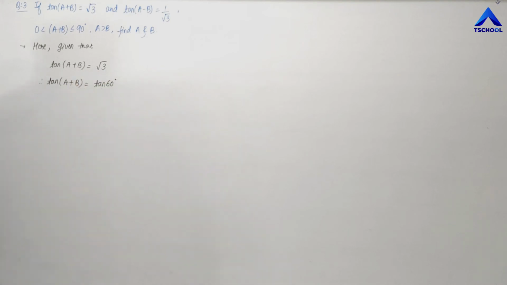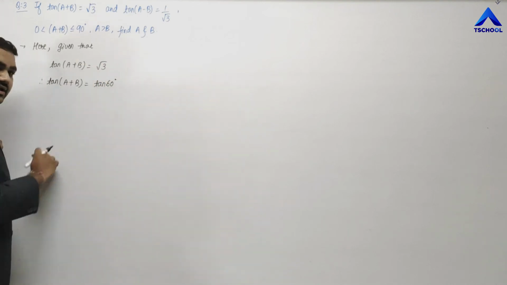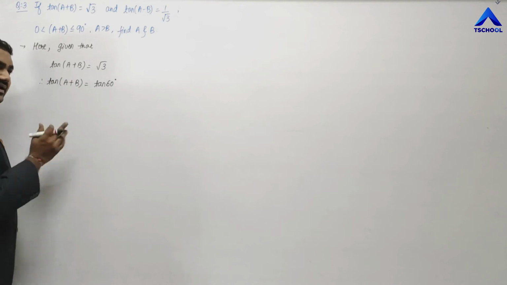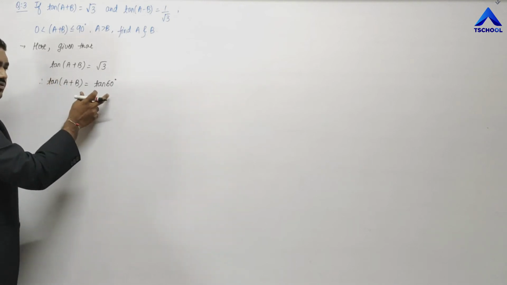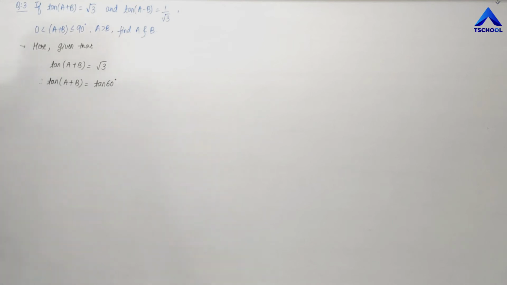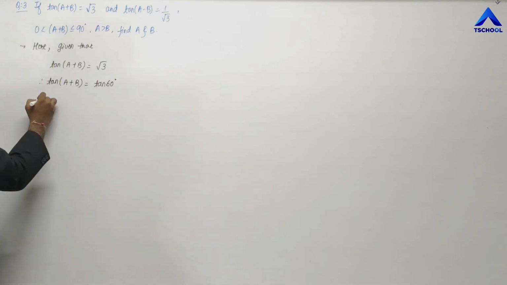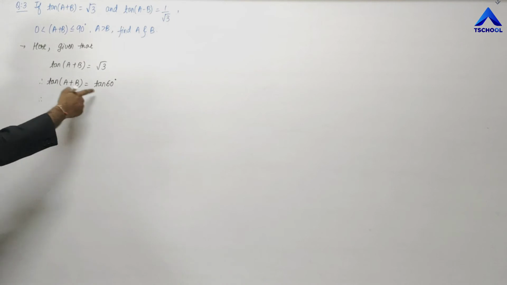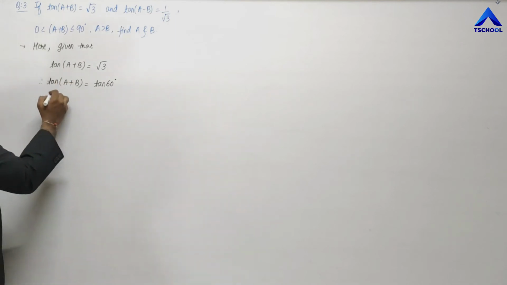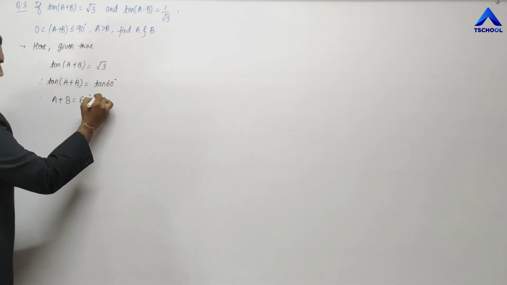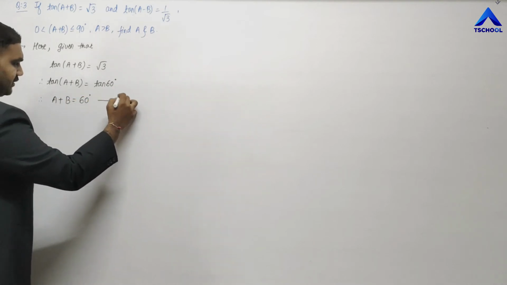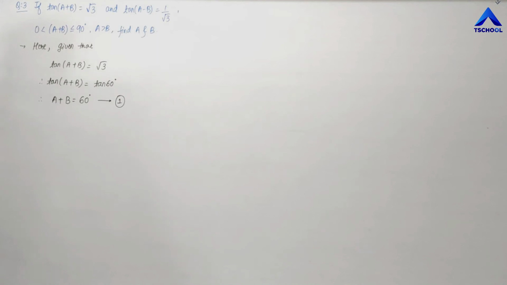So we are selecting tan 60 degrees. We can also select cot 30 degrees, but we don't need cot because we are having tan here. So we will select the ratio which is having tan. So tan(A plus B) is seen, and root 3 is now replaced by tan 60. As we saw in the previous lecture, tan and tan cancel. Therefore, A plus B is equal to 60 degrees. That is your first equation.